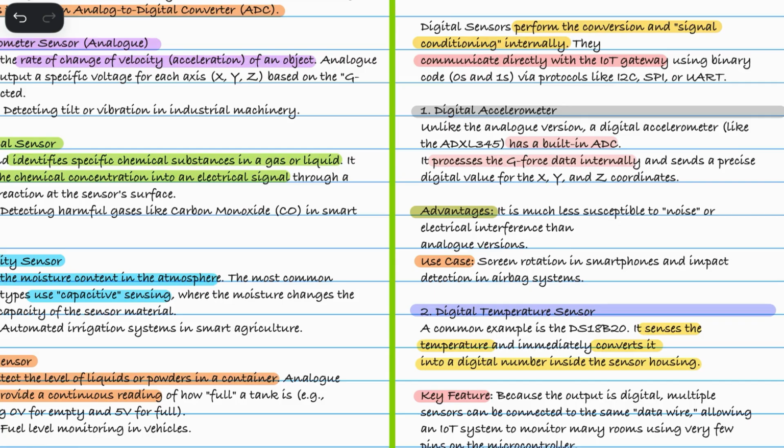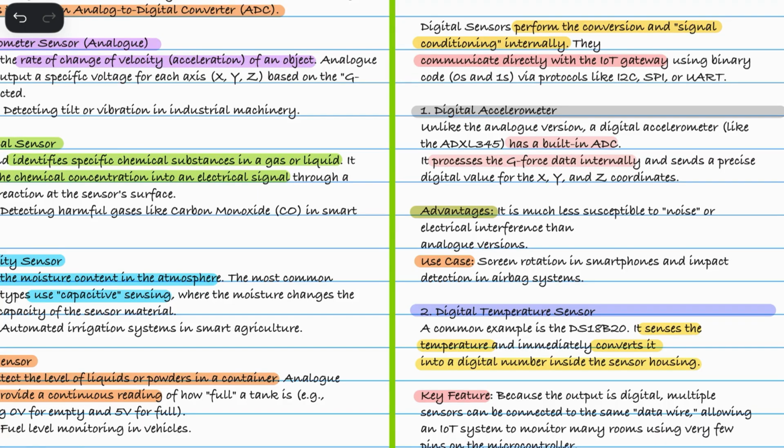So all the electromagnetic noise cannot easily turn this distinct high voltage into low voltage, right? So this makes the digital accelerometer sensor very reliable and immune to electrical interference.